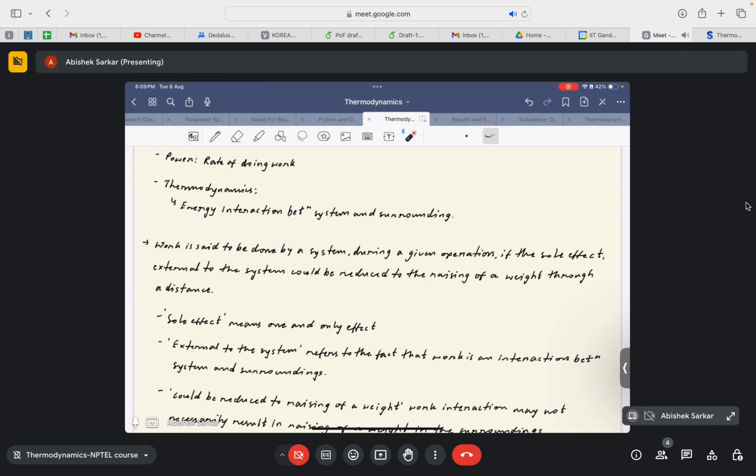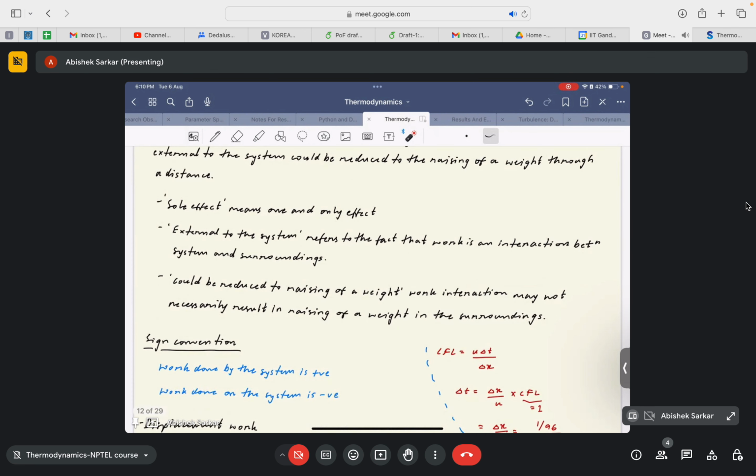It is just trying to imply that any kind of work interaction that may occur in a thermodynamic system can be reduced to a similar amount of work done while raising a weight through a particular distance. Okay, so it's just an analogy.